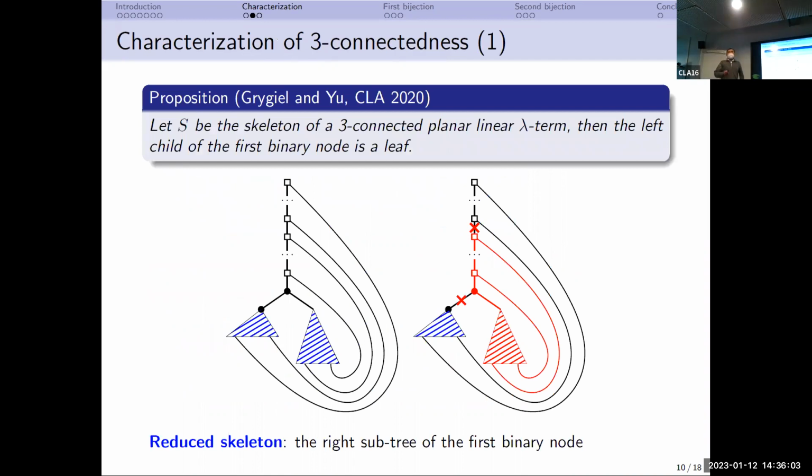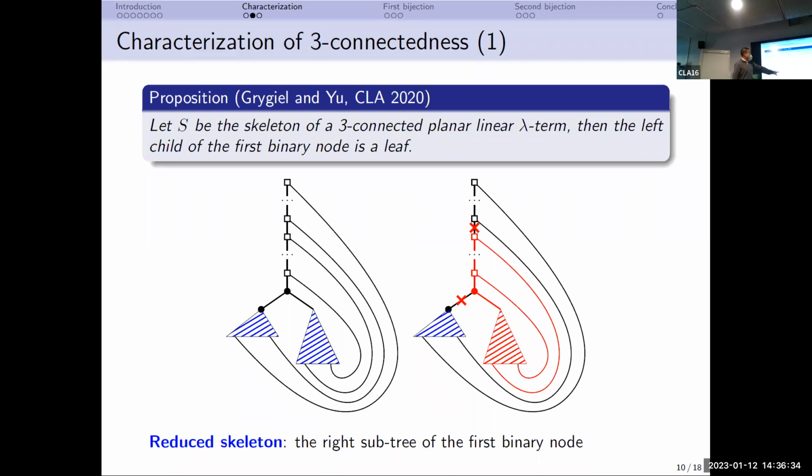And then for the free connected terms, we'll need the conditions for free connectedness. And that's where we need the characterization. So I will first start with a small observation that for the skeleton of a free connected planar term, the left child of the first binary node here must be a leaf. Why? Because if it's not a leaf, then it's a tree with some variables.